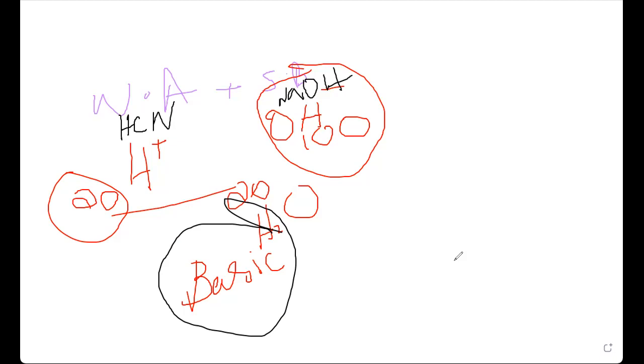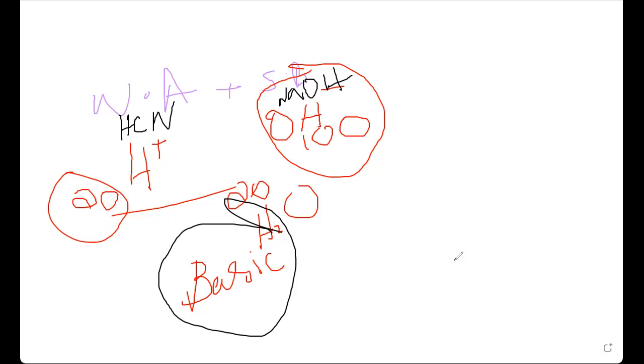So we have to use an indicator which could give you some darker color in a basic solution, so that you should know that there is partial neutralization, and my final solution is basic. I mean, how would we know that final solution is basic here?